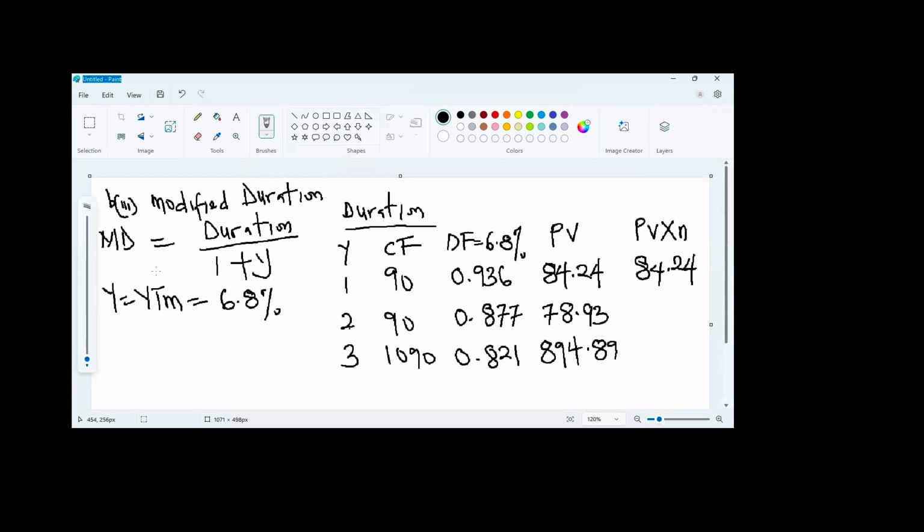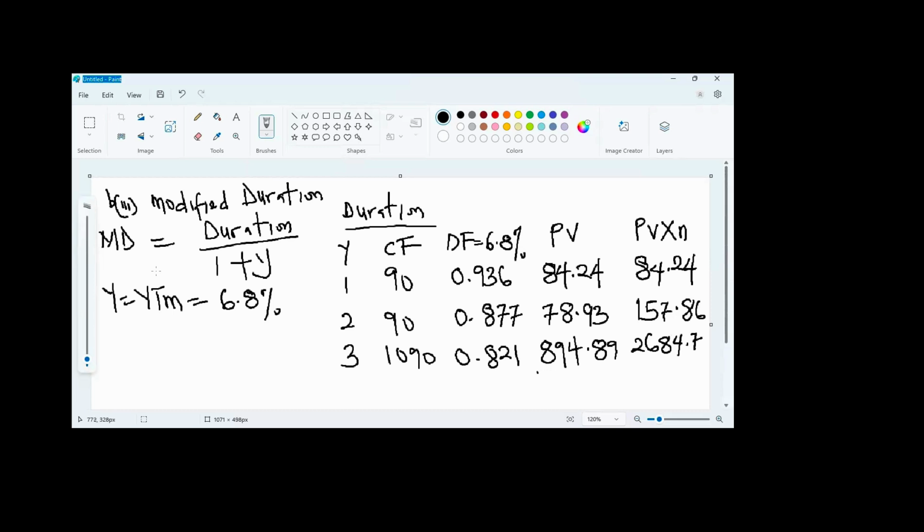Year 2 multiplied by the present value gives 157.86. Year 3 multiplied by the present value gives 2684.7.